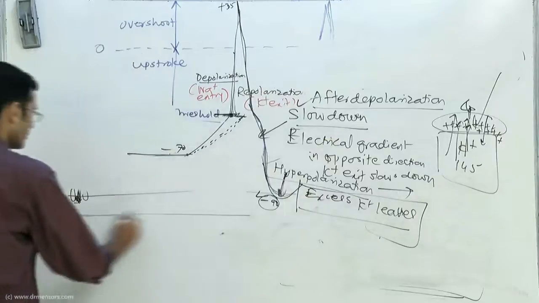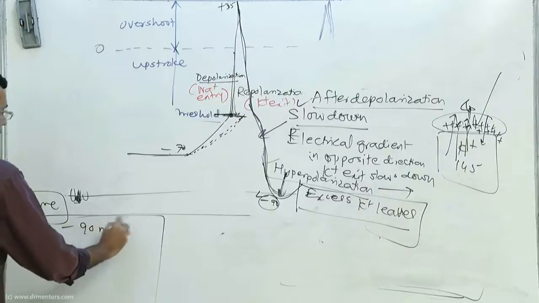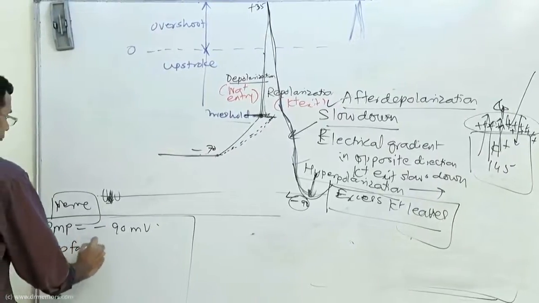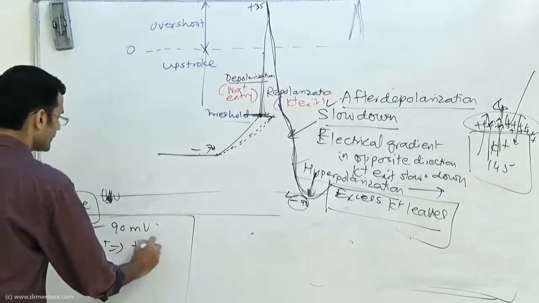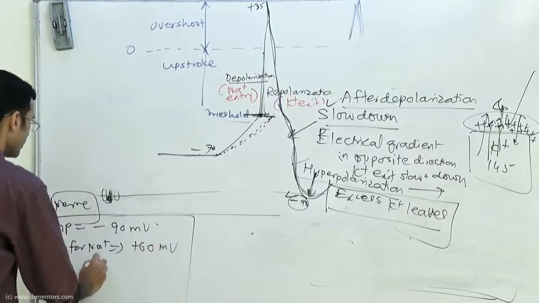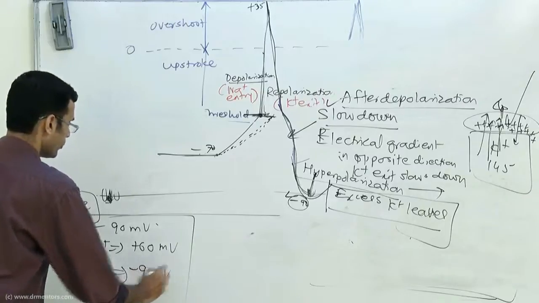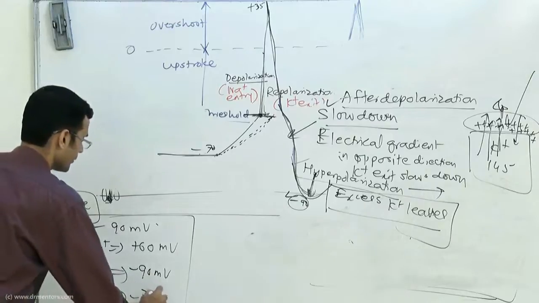Let's just write down the values for nerve. RMP of a nerve is minus 90 millivolts. Equilibrium potential for sodium in the case of a nerve is plus 60 millivolts. Equilibrium potential for potassium is minus 90 millivolts. Equilibrium potential for chloride in the case of a nerve is minus 70 millivolts.